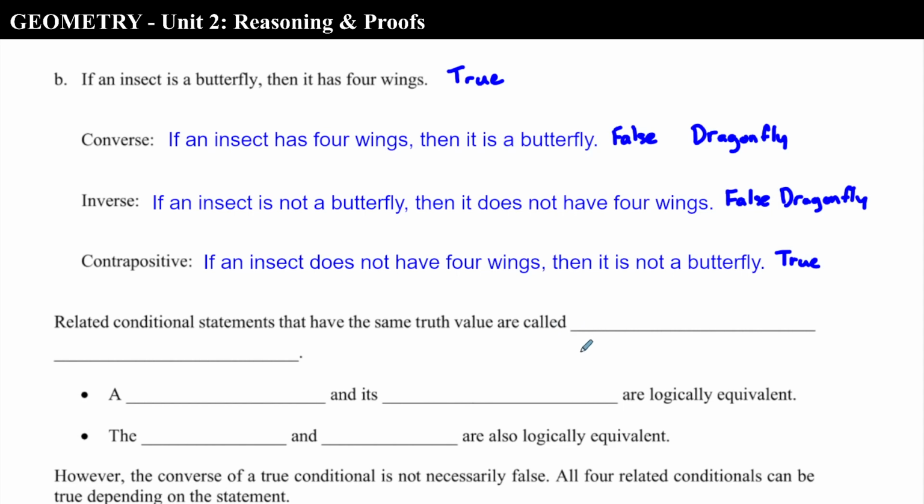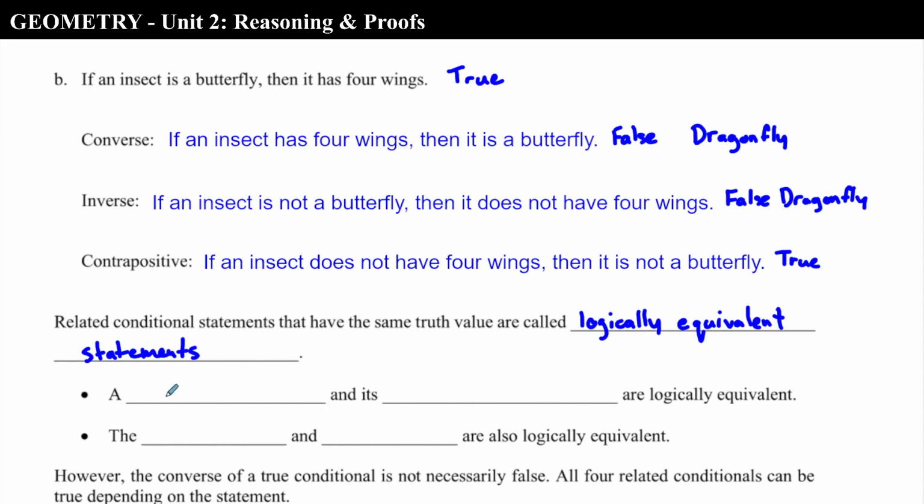Related conditional statements that have the same truth value are called logically equivalent statements. Okay?